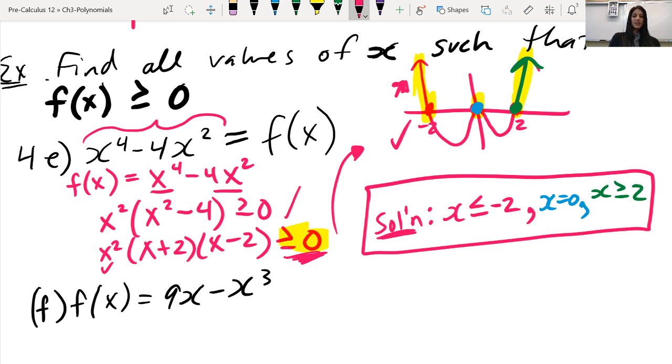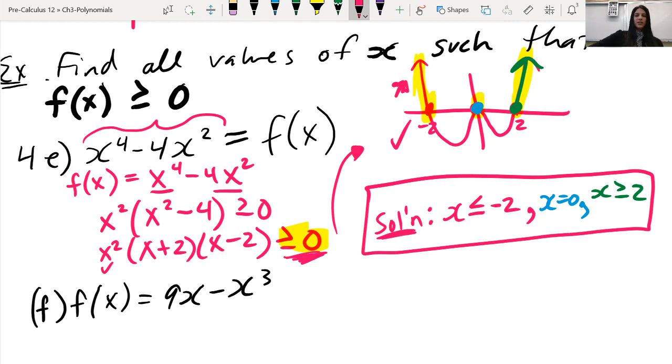Really pay attention to the nitpicky little details. Sometimes it might just say greater than 0 and not equal to, so you've got to be nitpicky. If that were the case, I'd take off the little equal signs at the bottom, but that's not the case, so we leave them there because it can be equal to negative 2 as well.